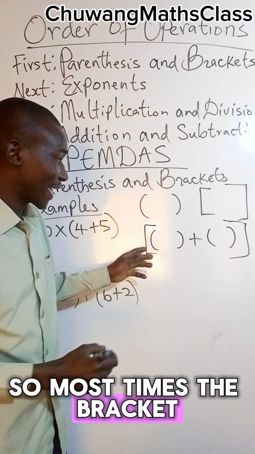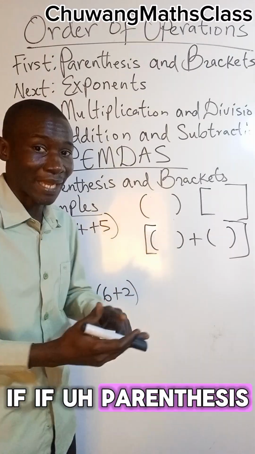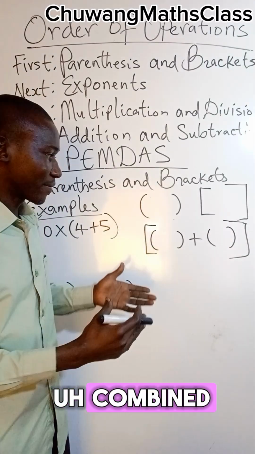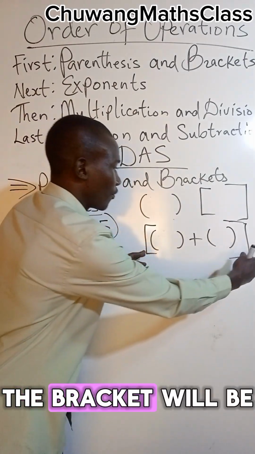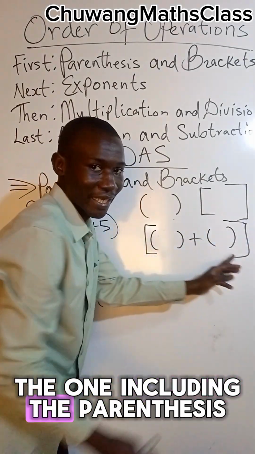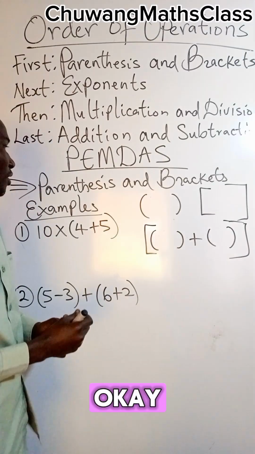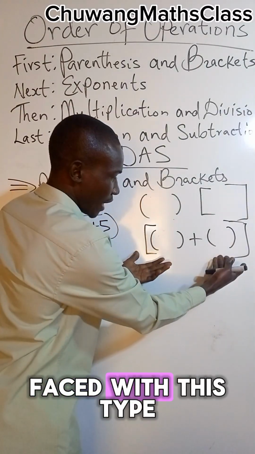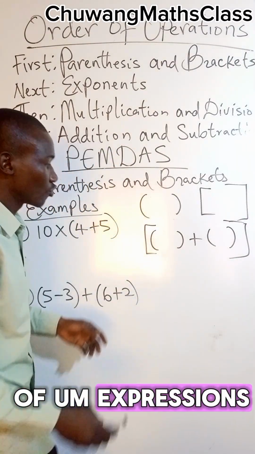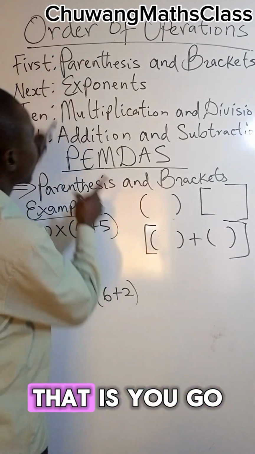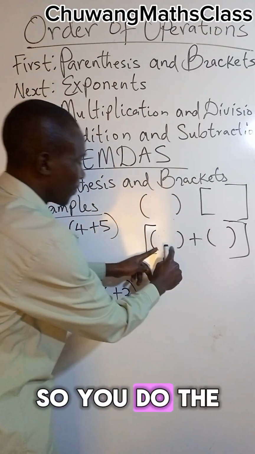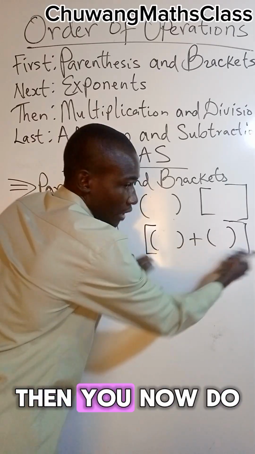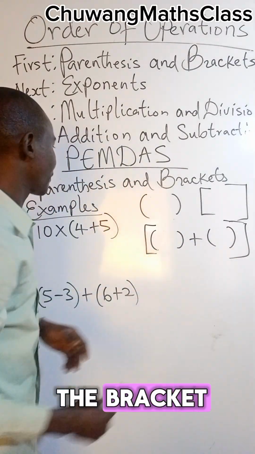So most times, if parenthesis and bracket are combined, the bracket will be the one enclosing the parenthesis. So when you are faced with this type of expression, you first of all do the parenthesis. At least you go from left to right. So you do the parenthesis first inside, then you now do the bracket.